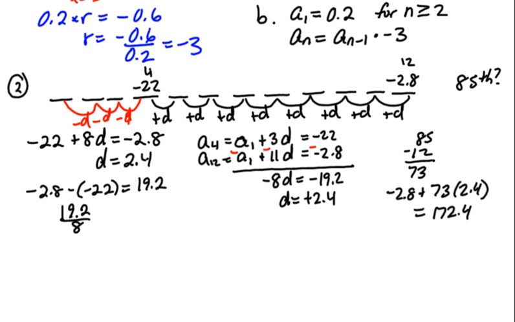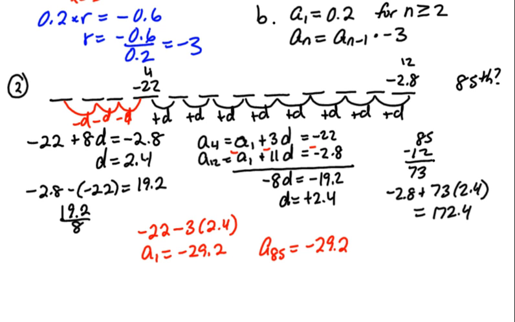So I could take negative 22 minus 3 times 2.4 and find out that the first term is negative 29.2. A sub 1 is negative 29.2. And then I could say that a sub 85 is start with the first term and then add d 84 times. So 84 times 2.4. And that would also get us to the same number. So this is the answer.